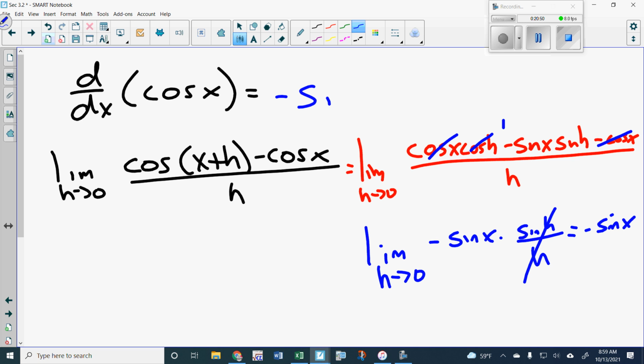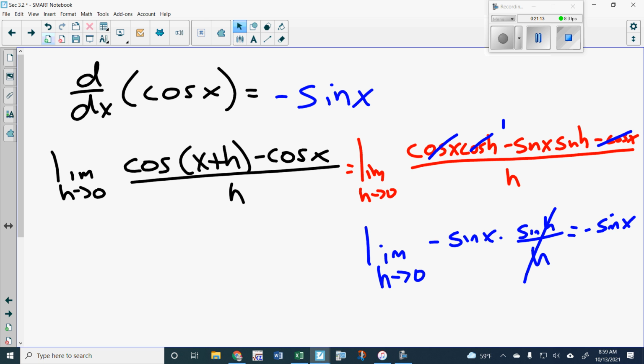So the derivative of cosine is negative sine of x. We can just memorize that. Now that we know that, you don't have to do that. You just have to say the derivative of sine is cosine. Derivative of cosine is negative sine.